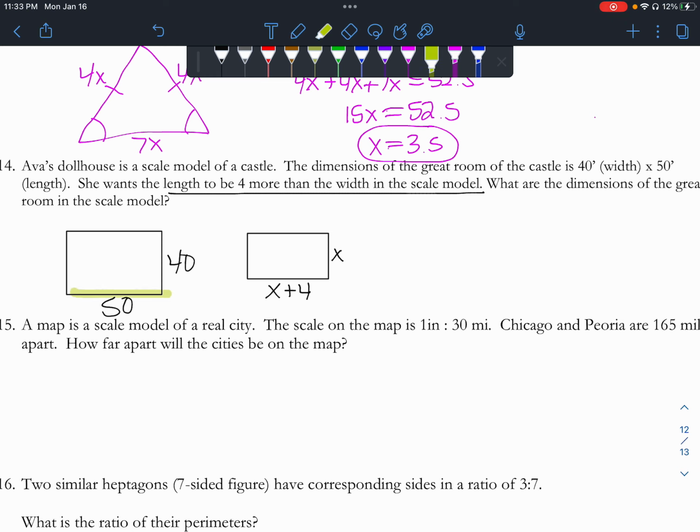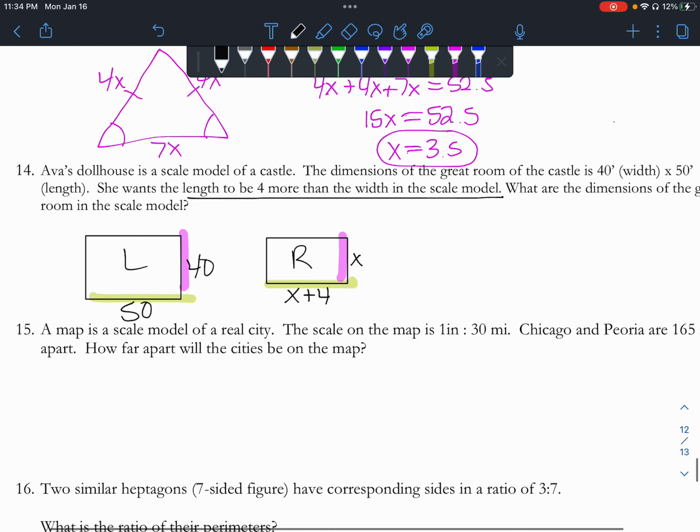I do have corresponding sides here. Although it seems a little weird, I have only x's in this problem, so it's not going to be too bad. Let's do a left side and a right side. If I compare left to right, left side, I've got one that is 50.